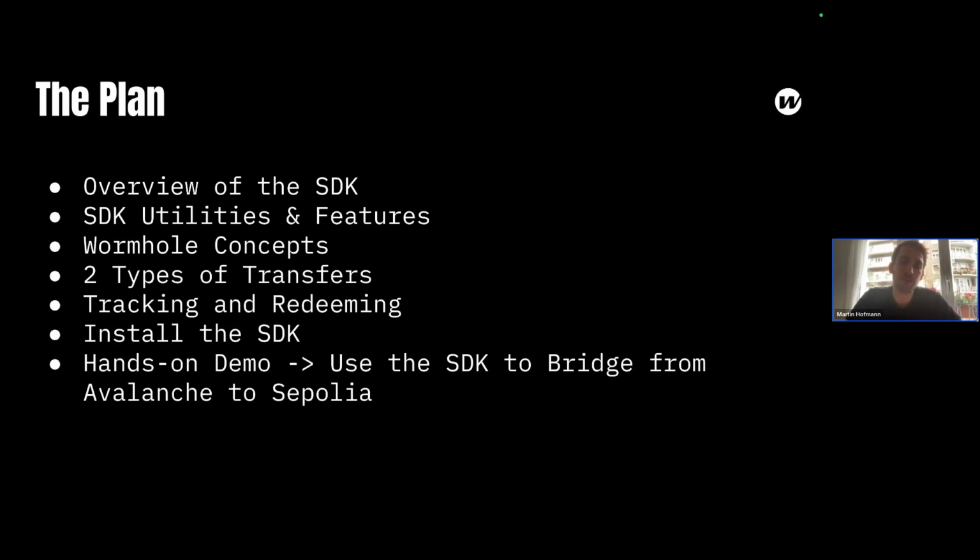For today, I chose two types of transfers that we can interact with using the SDK, which I think are very important and very widely used. It's good to know. We're going to see how to track these transactions, how to redeem the transactions on the destination chain, how to install the SDK, and we're going to have a hands-on demo on how to bridge tokens from Avalanche to Sepolia in this case.